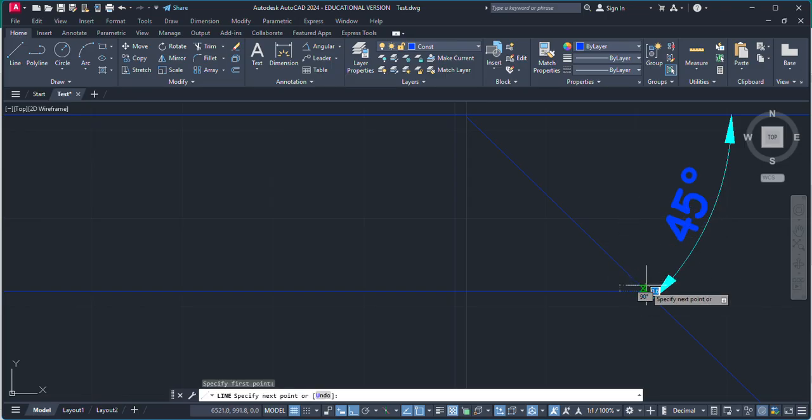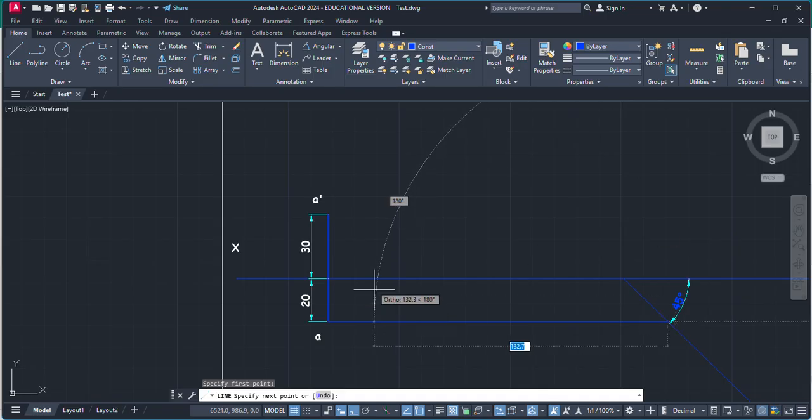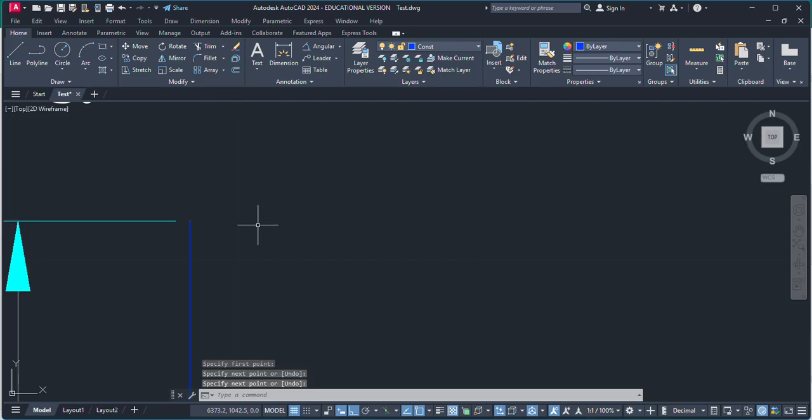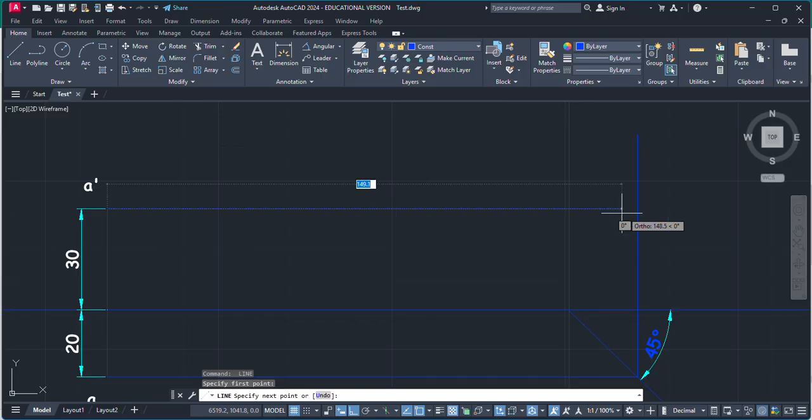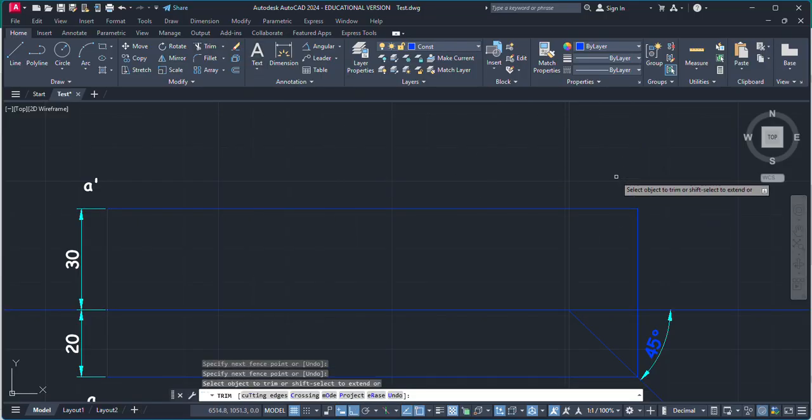This line should be in the direction of front view, and our front view is above the xy line. So draw this line like this, and now from the front view A dash, draw a horizontal line which will again intersect with this vertical line.